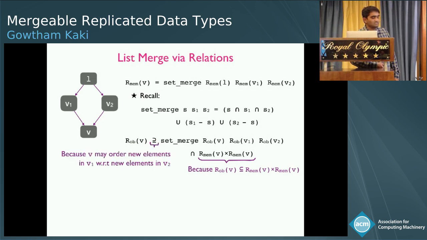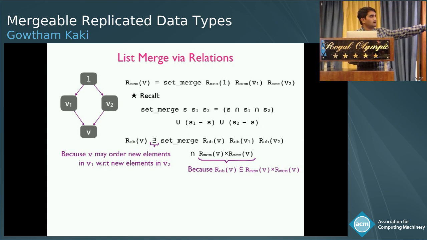Even then, what you have is an under-approximation of ROB V, because V1 and V2 might contain new elements that were never ordered, and you have to order them in the final list V. So we have covered quite a distance. We know what elements we have, and an under-approximation of ROB.